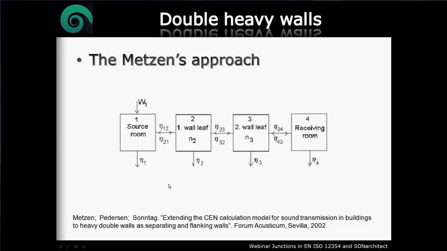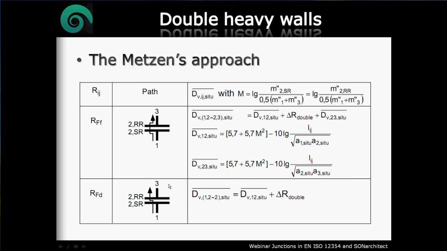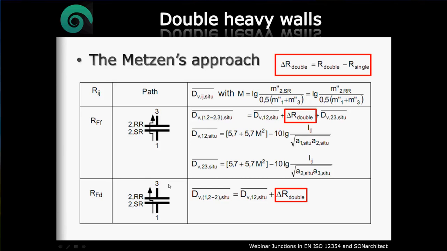Just to say the basics, the main idea in the Nexen approach is, besides considering the vibration reduction indexes between the elements in the junction, to consider the vibration reduction index between one wall and one of the leaves of the double heavy wall, and from one of the leaves to the opposite leaf of the double heavy wall, and then again to the other one.